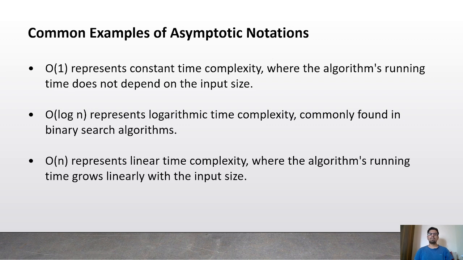Big O of log of n represents a logarithmic time complexity commonly found in binary search algorithms. Big O of n represents a linear time complexity where the algorithm's running time grows linearly with the input size.